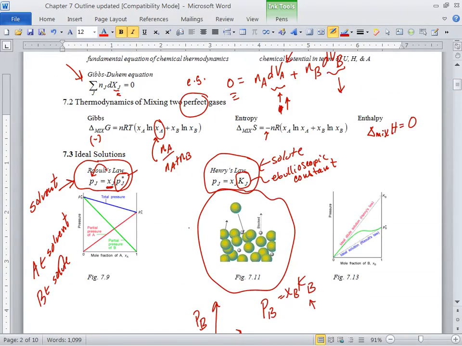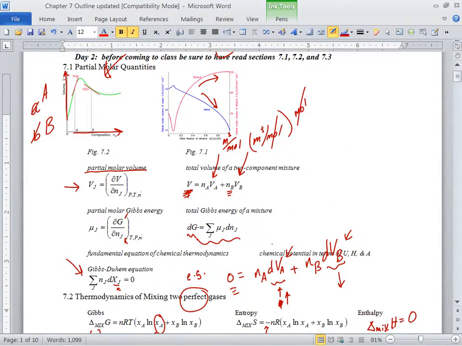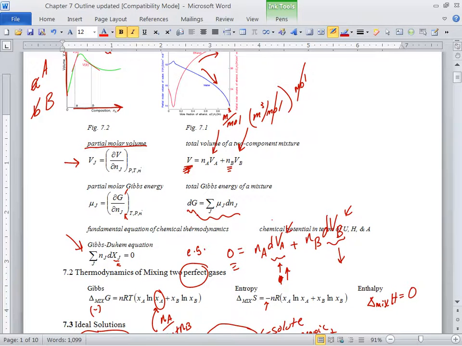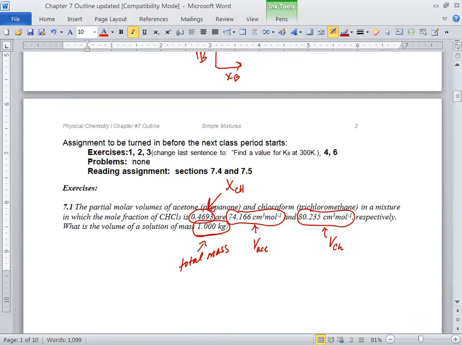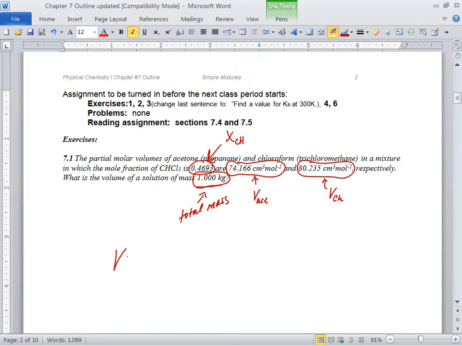Out of all this stuff, Kevin, that we've looked at, where would you start? They're after volume. So the total volume of the two components? Yeah, I would start here too, because it's got the symbol of our answer. It's going to guide you where to go. You might as well put in chloroform and acetone, right?